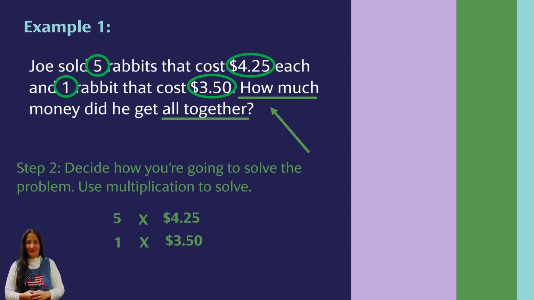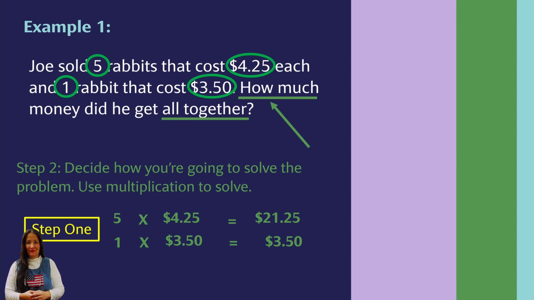Step 2. Decide how you're going to solve the problem. Use multiplication to solve. How much altogether? 5 times $4.25, 1 times $3.50. That was step 1. 5 times $4.25 equals $21.25. 1 times $3.50 equals $3.50.